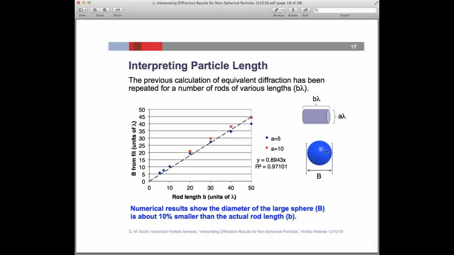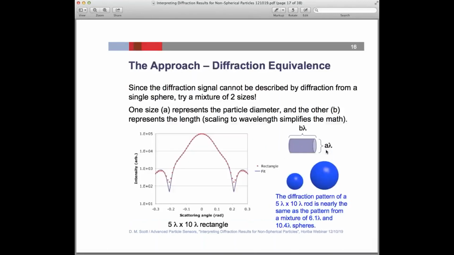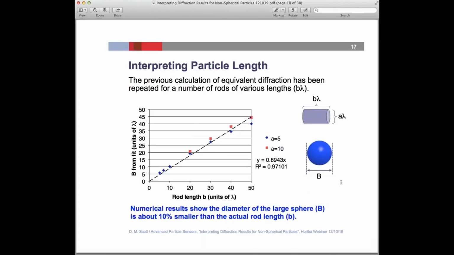In other words, if you approximate this diffraction pattern, which is what I was showing back here, with a combination of two different spheres, what you end up with is that the diameter of this larger sphere is about 10% smaller than the actual rod length. Well, that's pretty neat. What that means is I can measure what I think that large sphere is using laser diffraction, and I will be basically 10% smaller than the physical length of the rod.